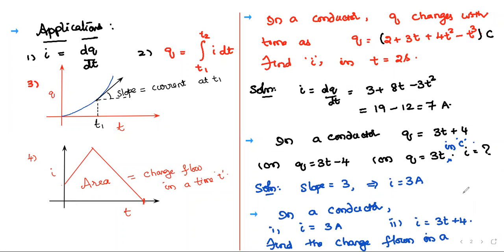I think you can say the answer for it. Shashank this time quickly responded. 6 for the first one. For the first one or second one, Shashank? 3 twos are 6. First, yeah, exactly. 3 twos are 6, correct. 3t square by 2 plus 4t.